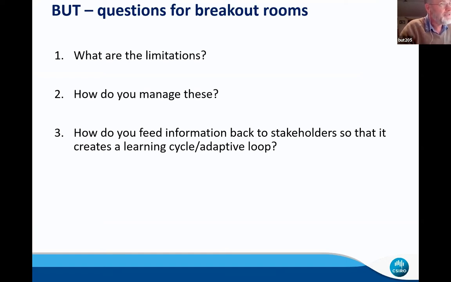But also, how do you manage these limitations? I did discuss one about us being remote, taking the results away, these indicator scores and outcomes from the interviews, and then feeding them back remotely. That's one issue, obviously, but there may be others, and we may have to think about how to manage those.